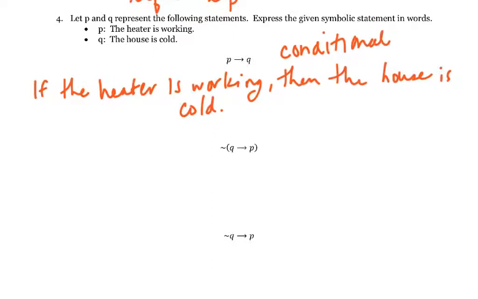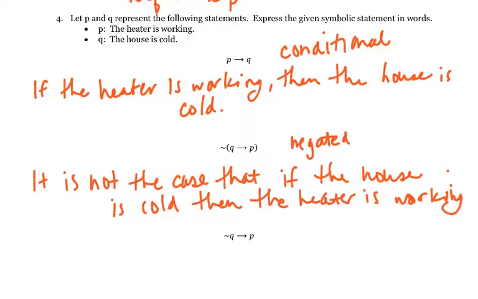Now, this next one is actually kind of tricky because it's a conditional statement within parentheses, but then it is negated. So it is a negated conditional, but we would think of this as a negation. So one way to represent this is we would say it is not the case that if Q, then P. If the house is cold, then the heater is working.